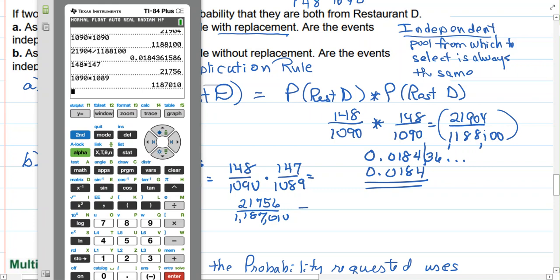We're proving the fact that when you have large numbers, you can consider them independent because it's slight. 1,187,010. Okay.